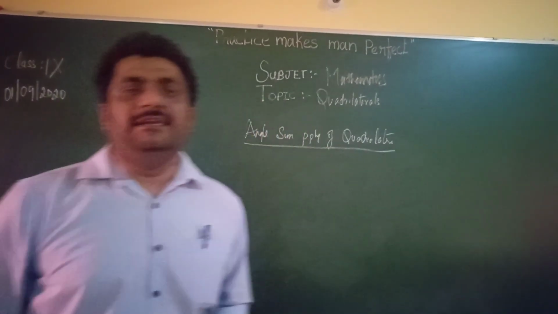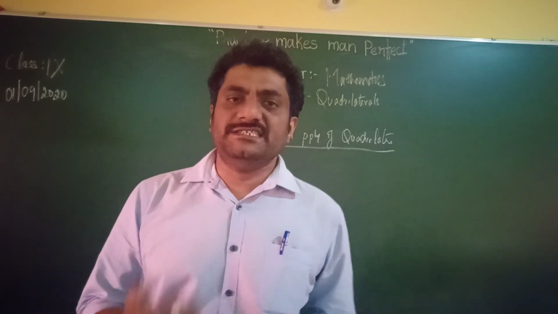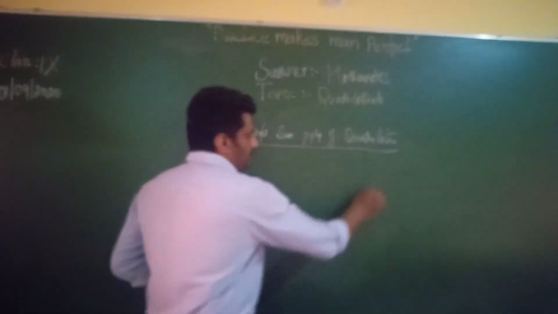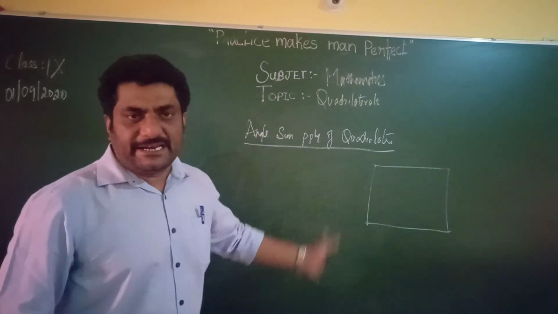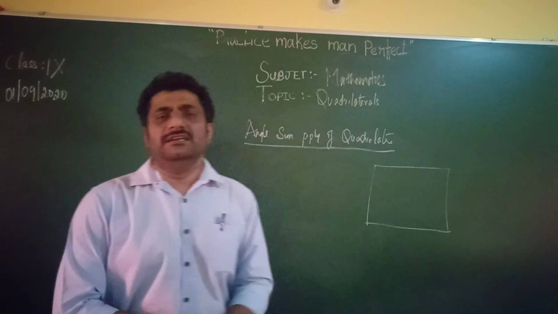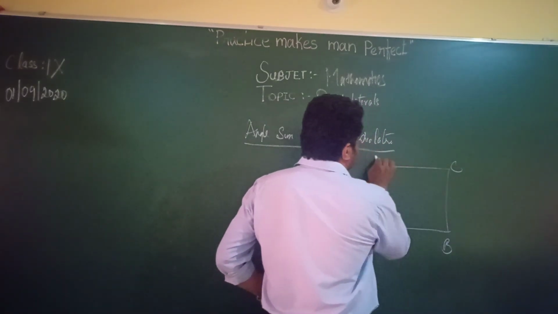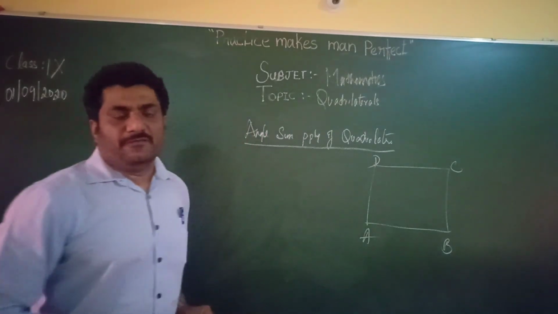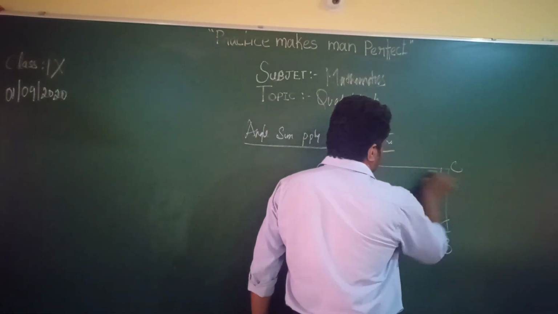Okay, how do we find the sum of the angles in interior of the quadrilateral? Let's take a quadrilateral, and we are not telling it's a rectangle or a square, it's a general quadrilateral. Let's make it as A, B, C, D. These are the 4 vertices, and I can also tell these are the angles.